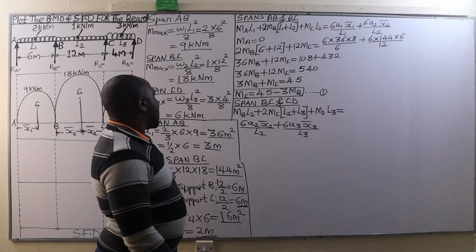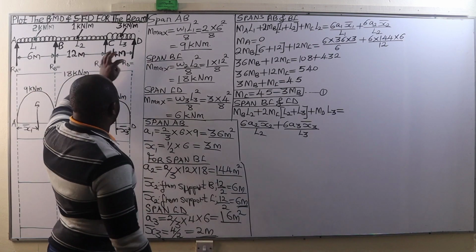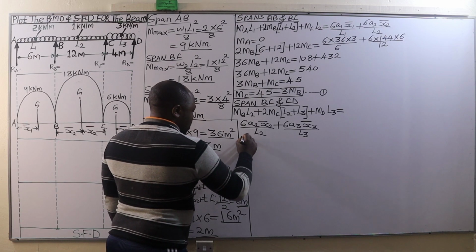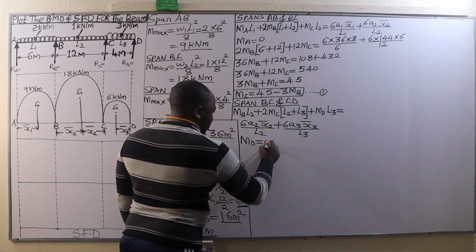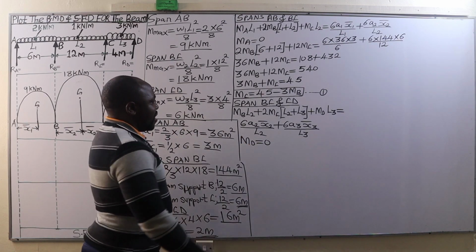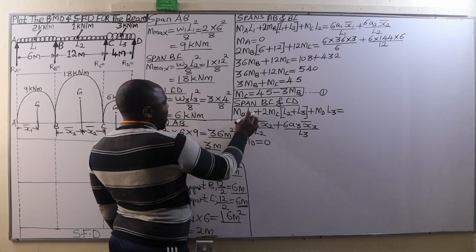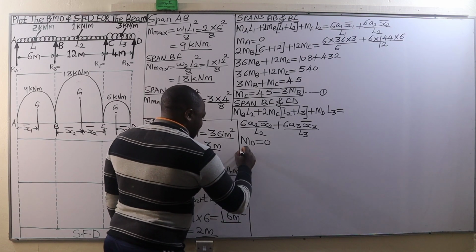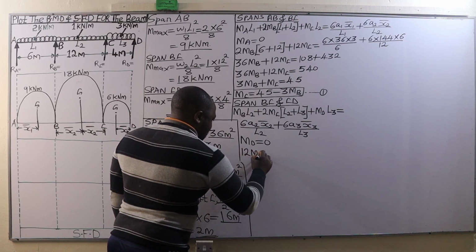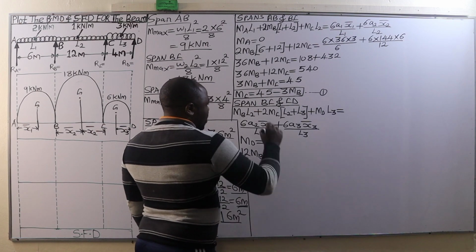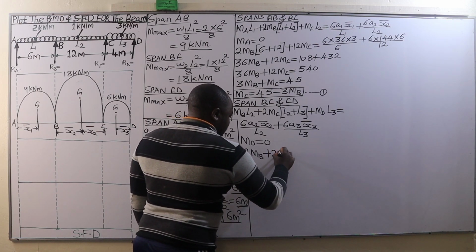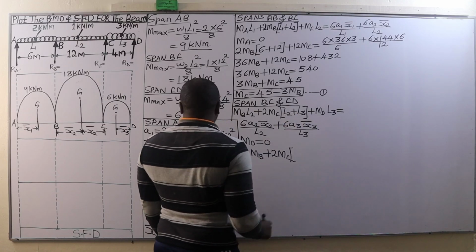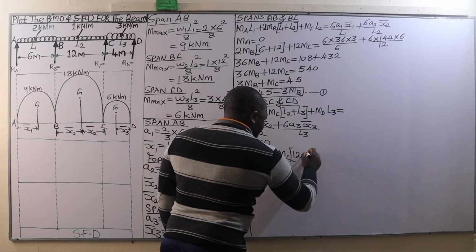Now, as we had said earlier, the bending moment at the end supports is equal to 0, and therefore the bending moment at D is also equal to 0. So we are going to remain with MB L2, and L2 is 12 meters. Therefore, 12 MB plus 2MC into bracket L2 plus L3. L2 is 12 meters.